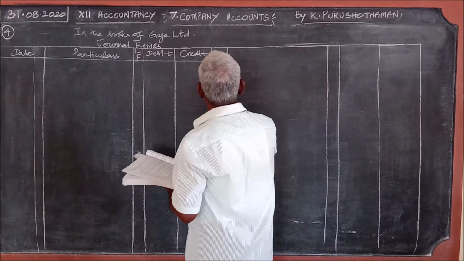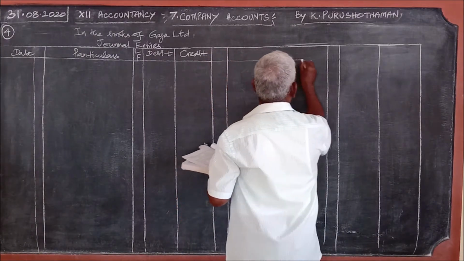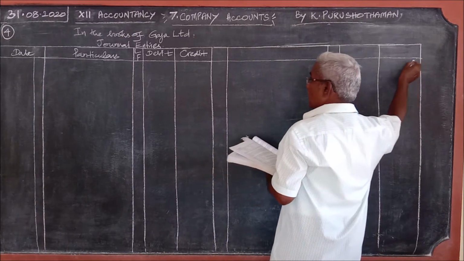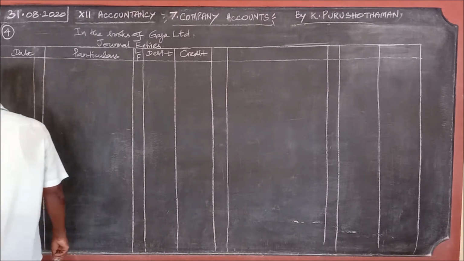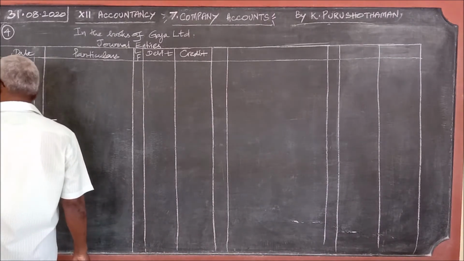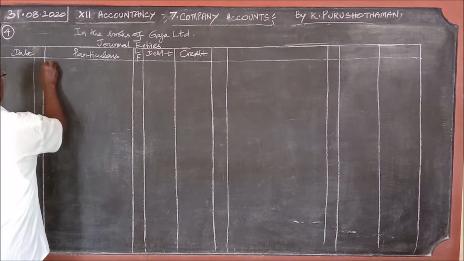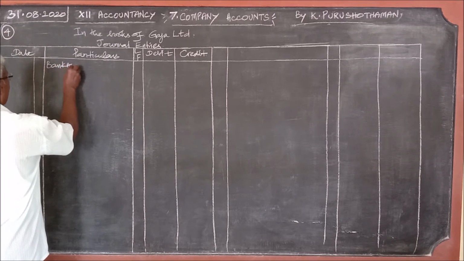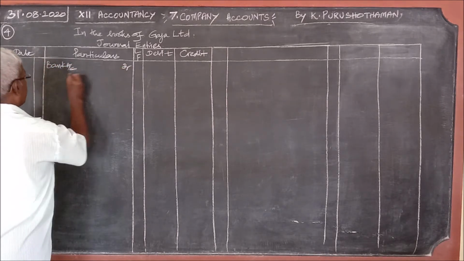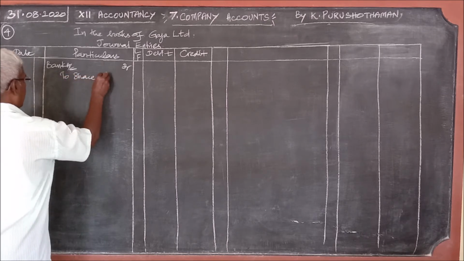Okay, the same thing. I hope I need not write the same heading. So 40,000 shares were issued, 2 on application. So the first case, bank account debtor to share application account.